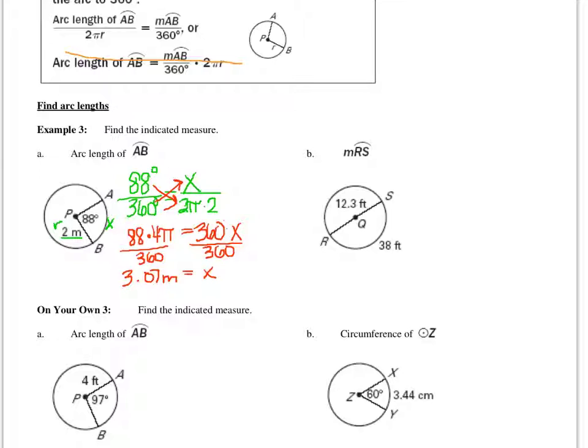Now, if you wanted to find your exact value, I'm just putting it in my calculator real quick here to figure that out. What you could do is 88 times 4 divided by 360, and then change it into a fraction.